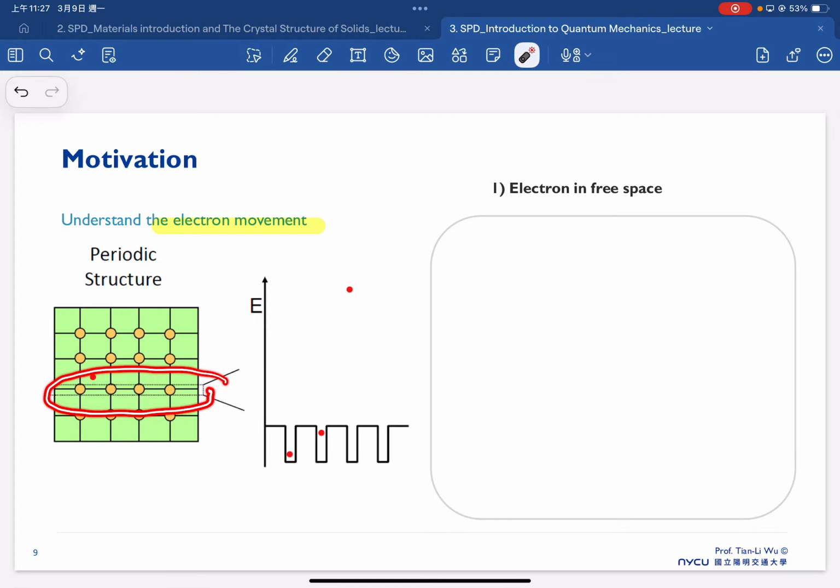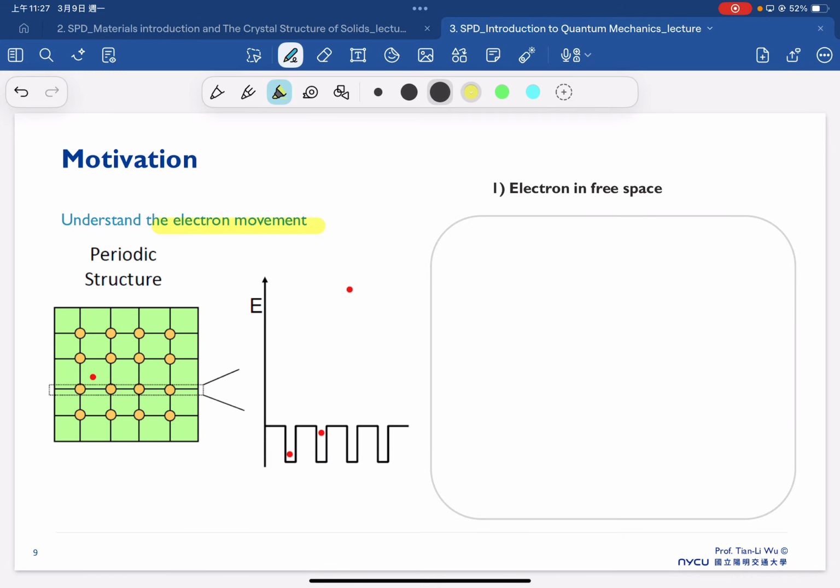So there could be three different cases of electron movement inside this potential. The first one is electrons in the free space.